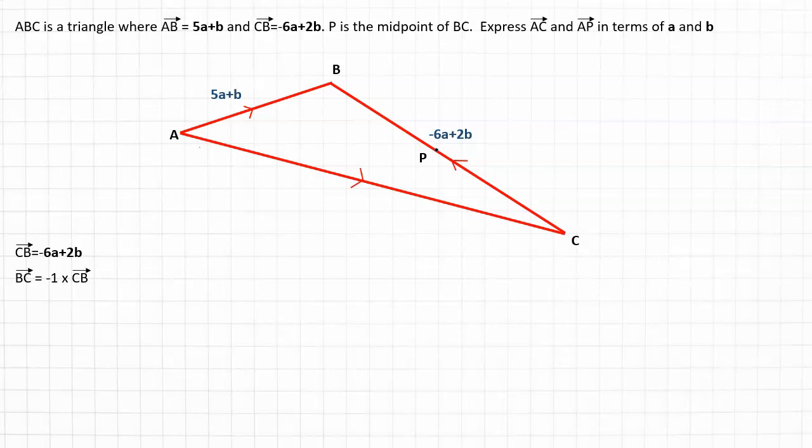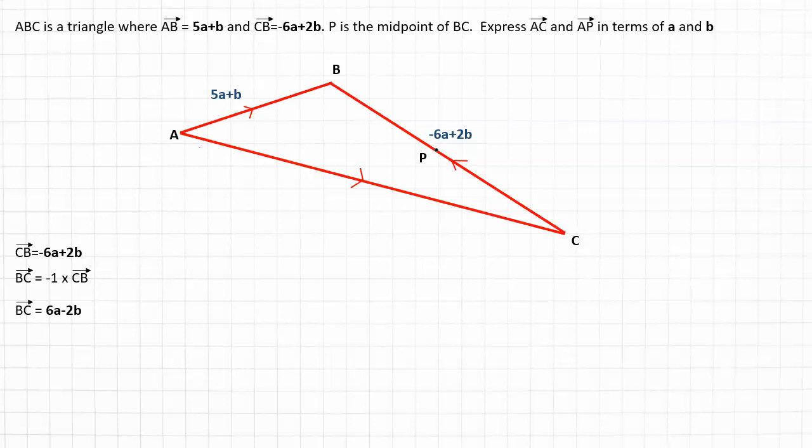Therefore, to get what the vector BC is, we multiply -6a plus 2b, which is CB, by -1. So we multiply each term by -1, which gives 6a minus 2b is BC.